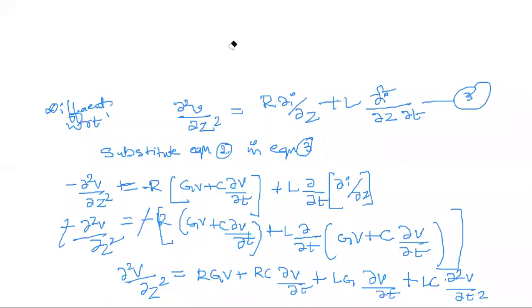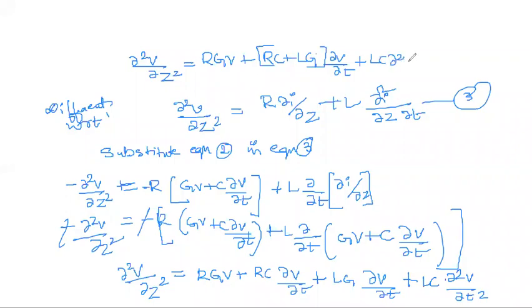Now this equation can also be written, because ∂v/∂t there is common. So you can write it as ∂²v/∂z² is equal to (RG v) plus (RC plus LG) into ∂v/∂t plus LC ∂²v/∂t².